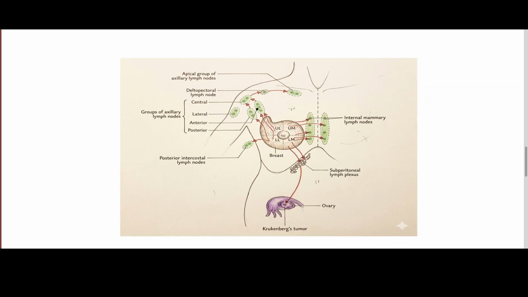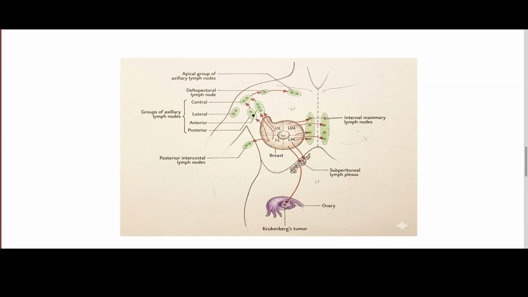So most of the lymph goes to this anterior group of lymph nodes. When it enters the anterior group of lymph nodes, some lymph may also enter the posterior group.